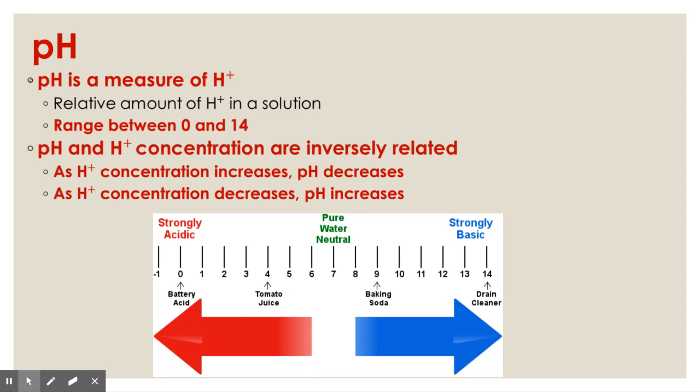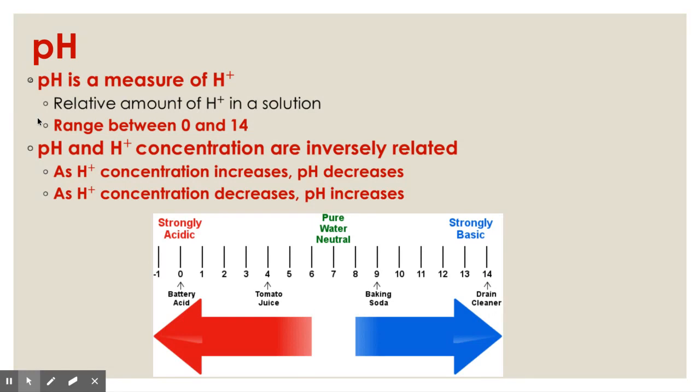But on a logarithmic scale, there is basically 10 times more of the thing as you move. So going from 0 to 1 is 10 times the amount of hydrogen compared to just going 0 to 1 on a counting scale. Anyway, not that important. Just my chemistry brain goes to this.